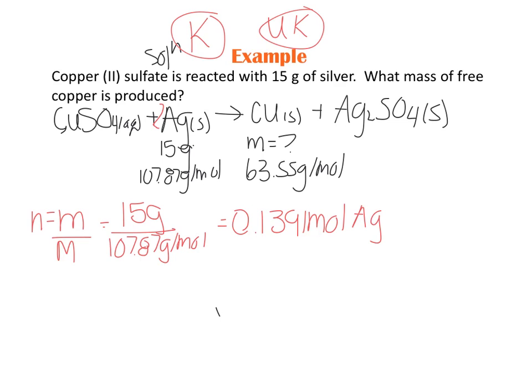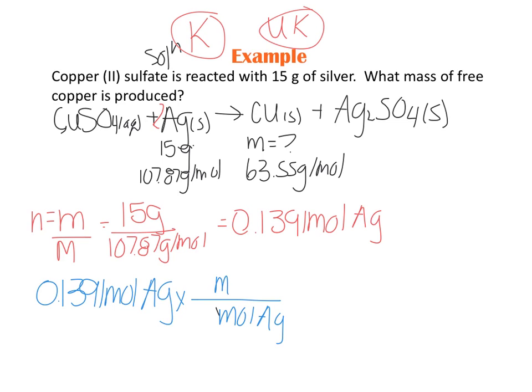Now, converting from moles of silver to our moles of unknown, which is copper, we're going to go 0.1391 moles of silver. Canceling moles of silver, moles go on the bottom. And we're looking for moles of our unknown, so that goes up top, which is moles of copper. Filling in our coefficients here, 1 and 2. We're just simply dividing this by 2. So we get 0.06955 moles of copper.